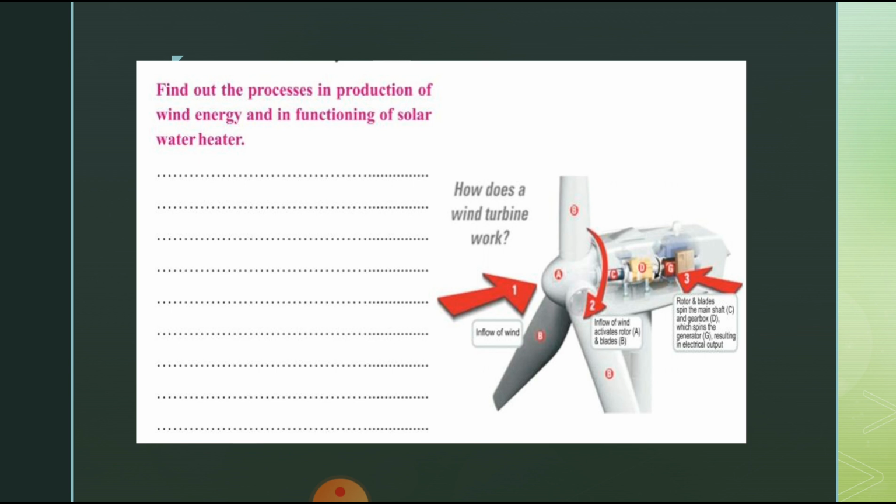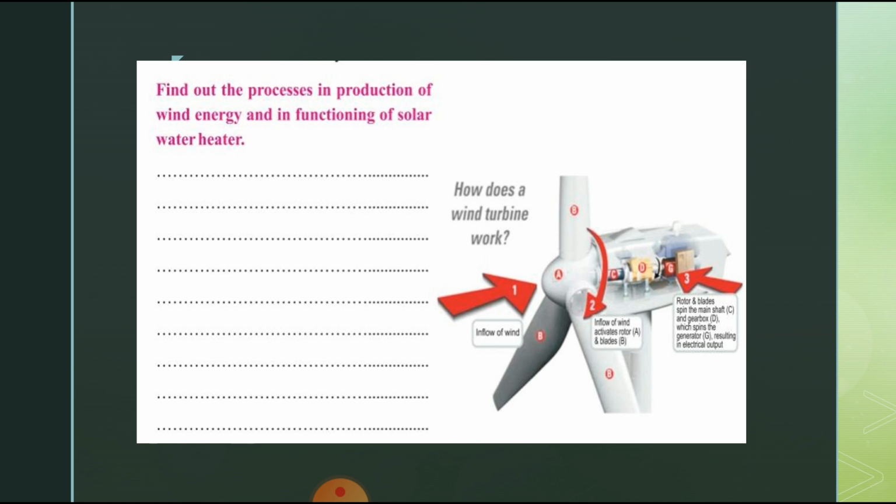This generator converts mechanical energy into electrical energy, spinning between 11 and 20 times per minute.